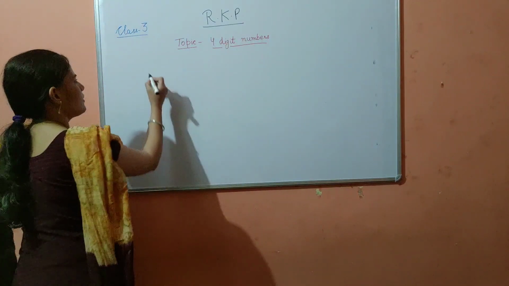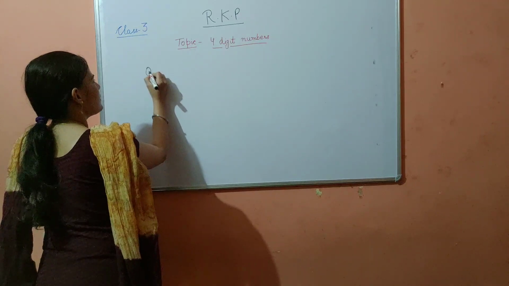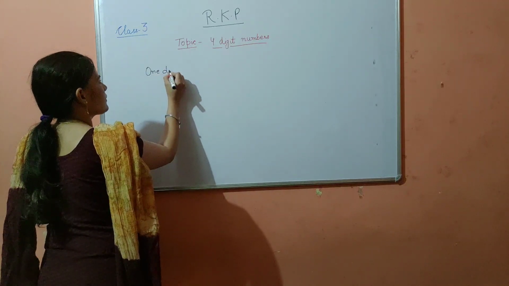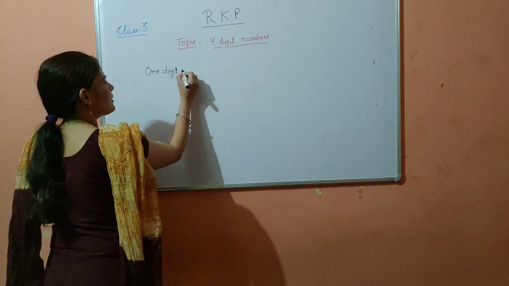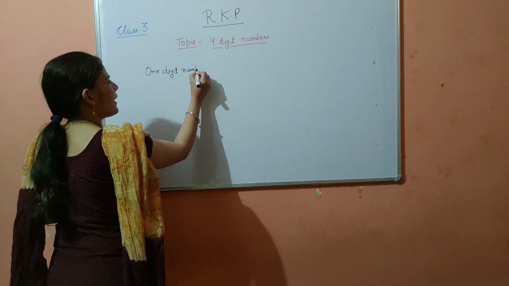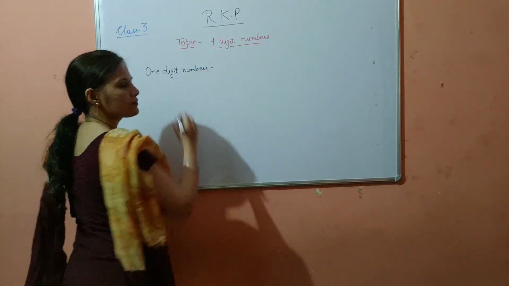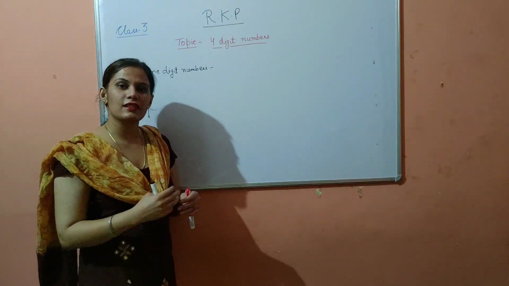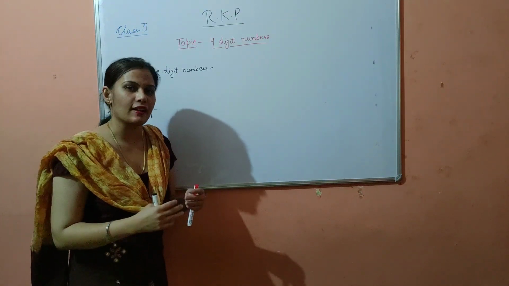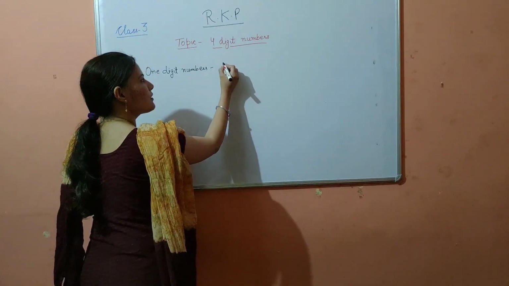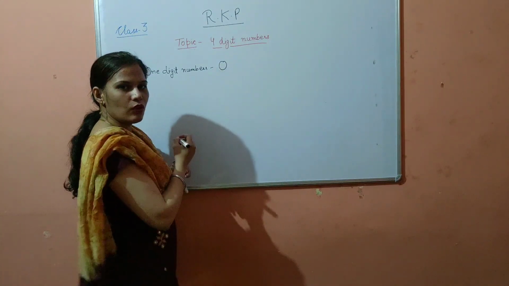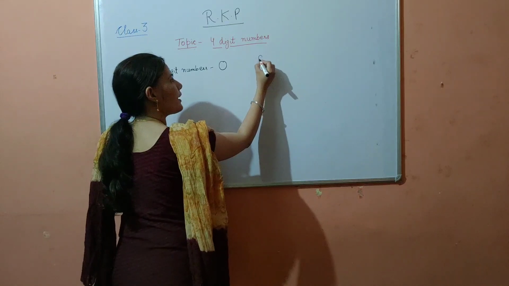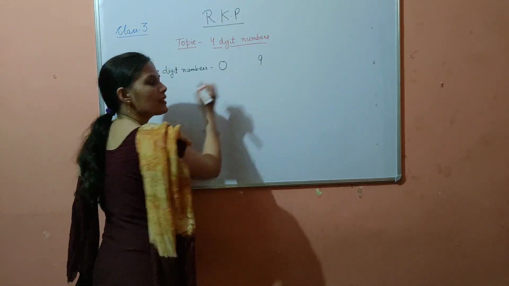So, first, the 1-digit number: from where does it start and where does it end? Can you guess? It starts from 0 and ends at 9.